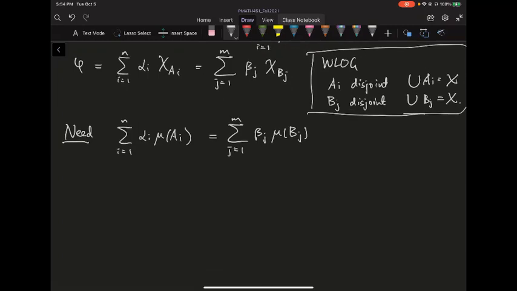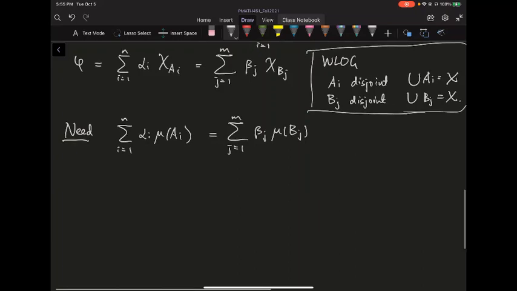All right, to show that, let's do the following trick. Let's break this A_i and B_j up. Because A_i and B_j are partitions of this X, let's partition each of them even further. Each of these A_i, I can write as a disjoint union over j going from 1 to m of A_i intersect B_j. So I break A_i using this partition B_j.